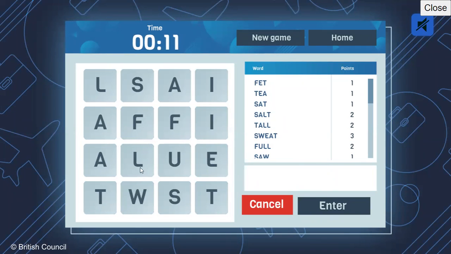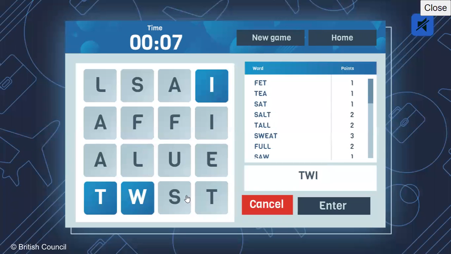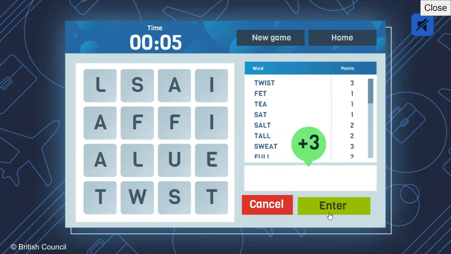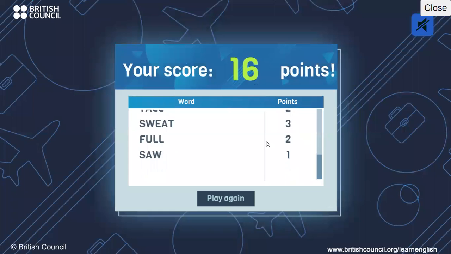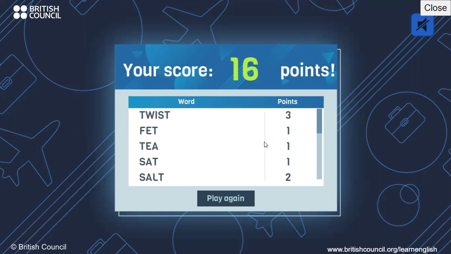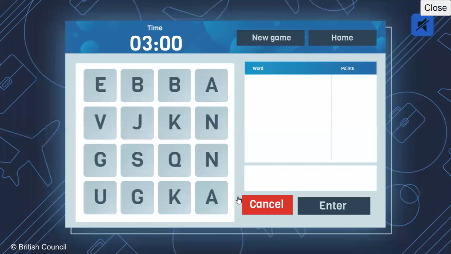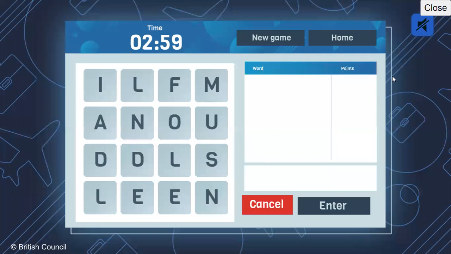Trees. Twist, okay. Nice. Field. Oh, okay. Nice, so we made 16 points. Excellent, so you got the idea. Now we are going to play once more so we can see if we can beat this score. Okay, let's try once more.